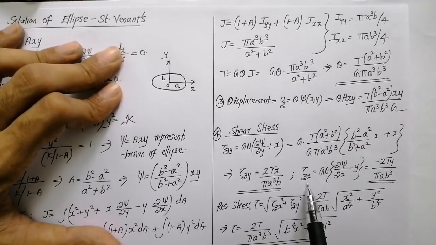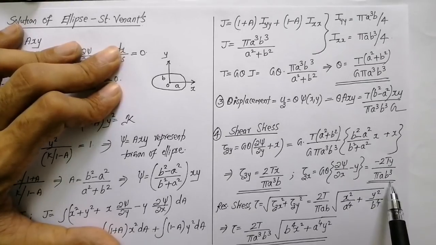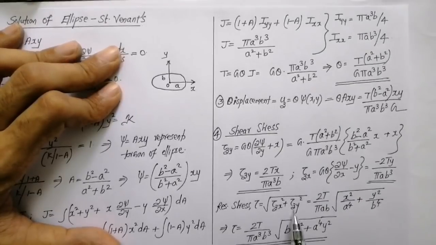Now what is τzx? Similarly, Gθ(∂ψ/∂x − y), which will yield minus 2Ty/(πab³). Now what is the resultant stress? τ = √(τzx² + τzy²), which is equal to 2T/(πab) times the square root of this term.